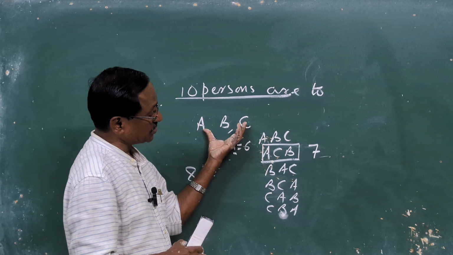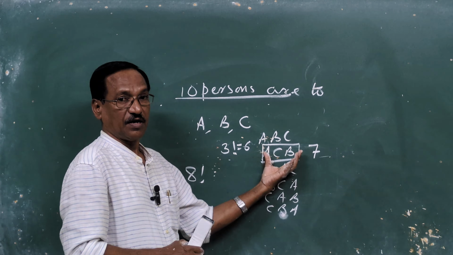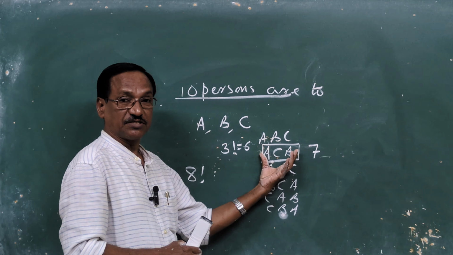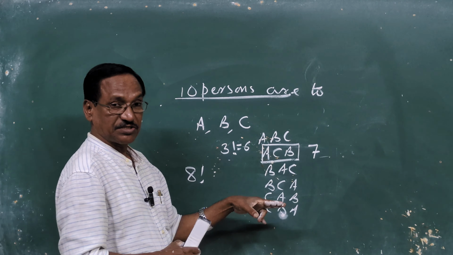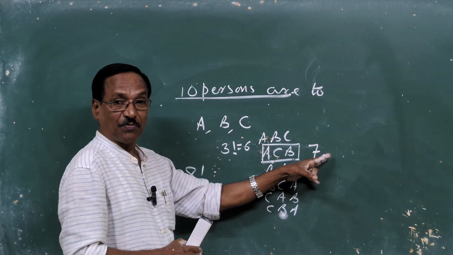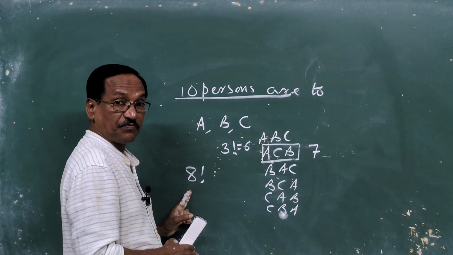Those 3 persons with the arrangement A, C, B, treated as a single unit, and considering the 7 other persons, we have 8 persons. So the number of arrangements is equal to 8 factorial.